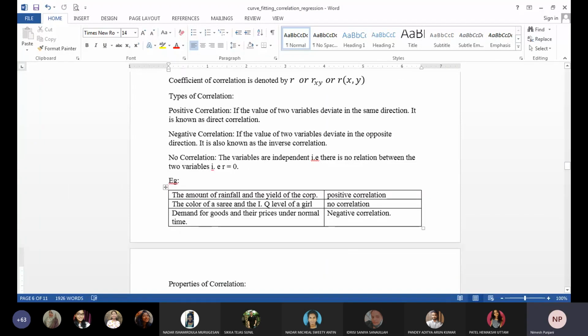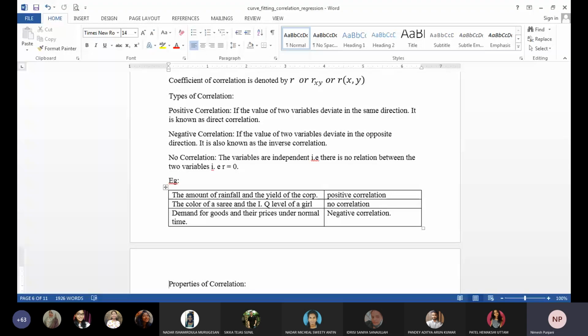Here are some of the examples. Amount of rainfall and the yield of the crop. This is an example of a positive correlation. If there is good rainfall, there will be a good yield of the crop.